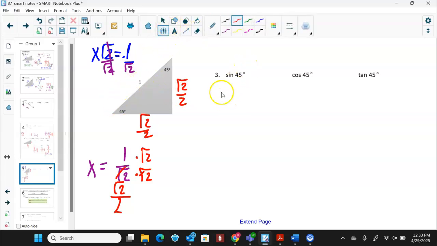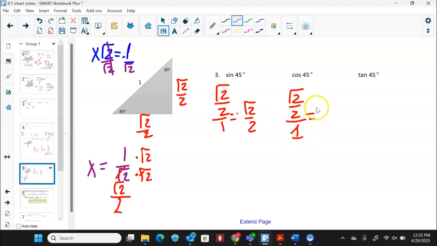Okay, so now sine 45, that's opposite over hypotenuse, so that's square root of 2 over 2 over 1, which is square root of 2 over 2. Cosine is, of course, going to be adjacent over hypotenuse. So cosine of 45, adjacent, which is square root of 2 over 2 over 1.